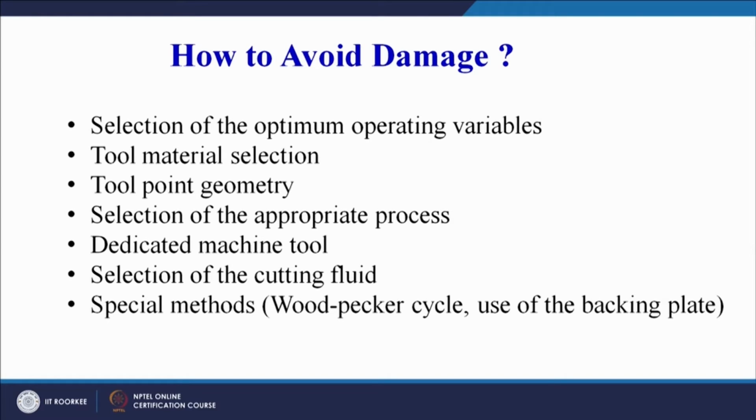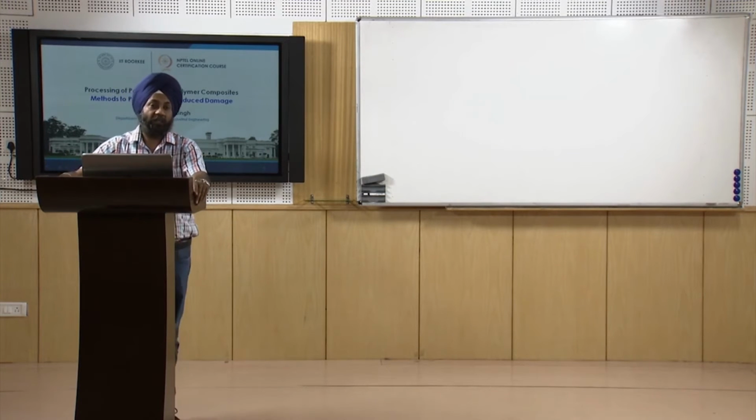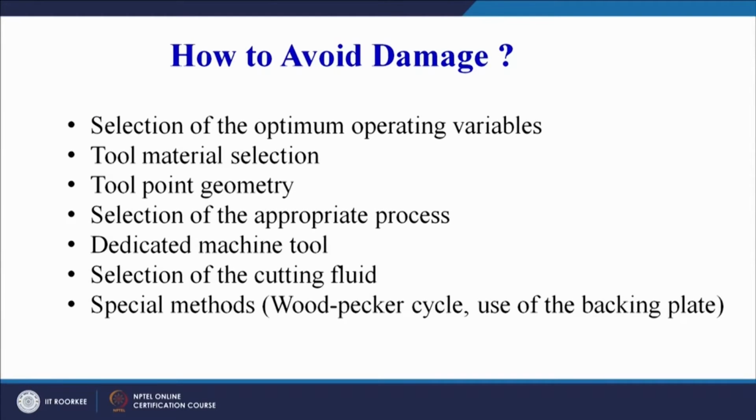I will not explain each point in detail, but we will revise the various methods, techniques and tools to avoid the damage. The first is the selection of the optimal operating variables, that is the cutting speed and the feed rate. If we select them properly, our damage will be less.